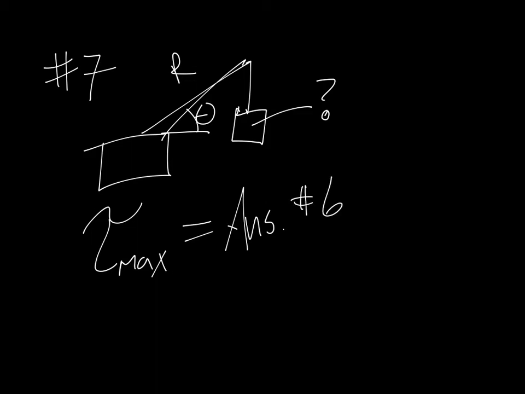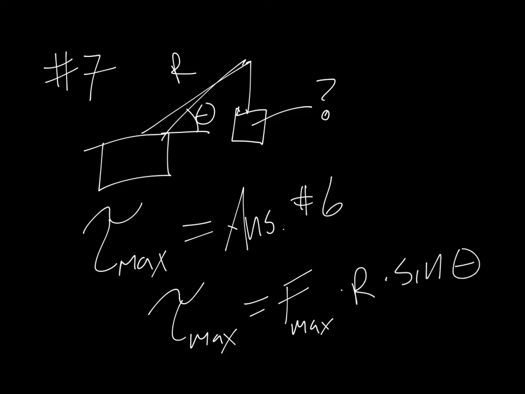So once you get your answer to number 6, that's your maximum torque, and you know that your maximum torque equals the maximum force times the radius times the sine of your angle. And again, you have to do the same thing with your angle, where, sorry about the bell ringing while I'm recording this, the angle is the theta they give you plus 90, just like it was on number 6.